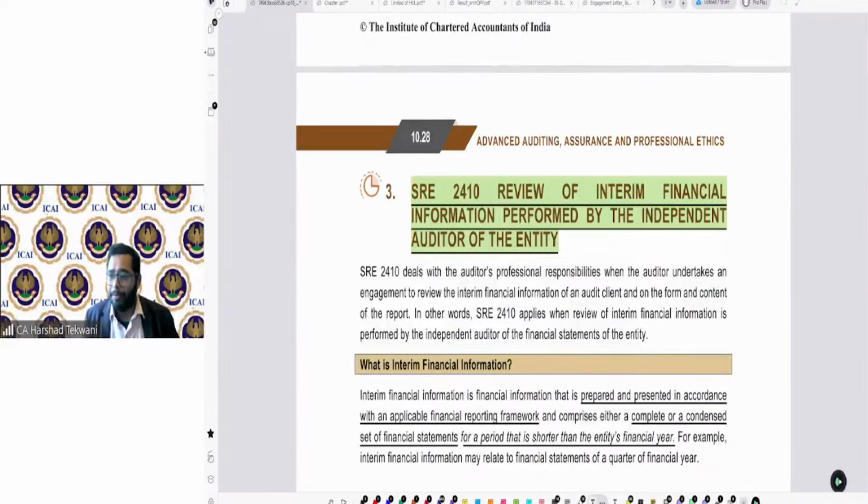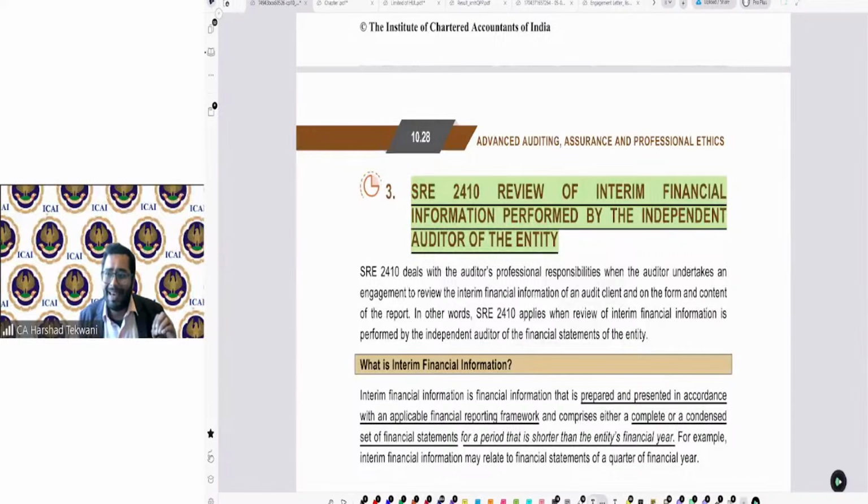So the concepts that we have seen in audit will be the same in other assurance engagements. We are not going to discuss something new out of the box. We will be discussing how the concepts of audit will be applied in specific scenarios. That's it, on a summary basis.